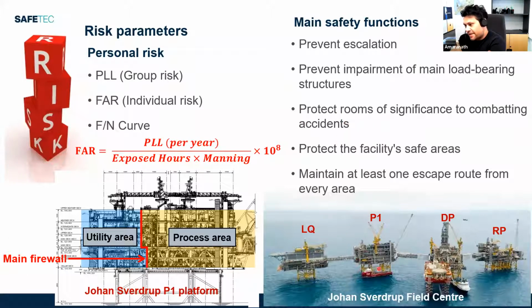Each and every platform has its own safety critical rooms, for example, communication and control systems. So we need to protect those rooms until we have control of our accidents. That means we need to ensure that all the control rooms and important safety critical rooms can function until the evacuation is performed.